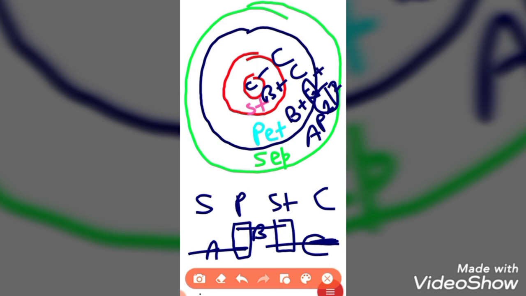In the stamens, Apetala 3, Pistillata, and Agamous, meaning B plus C, and in the carpel only the Agamous gene. So now we will discuss questions on the ABC model of floral development.